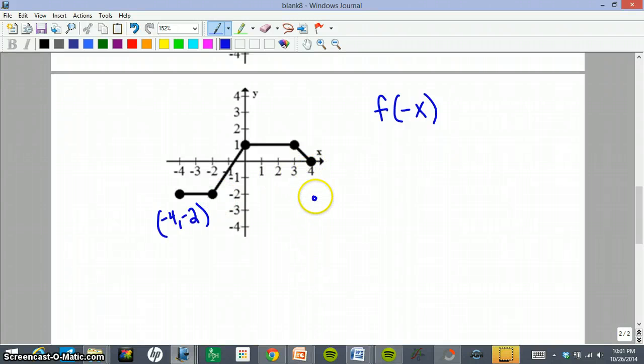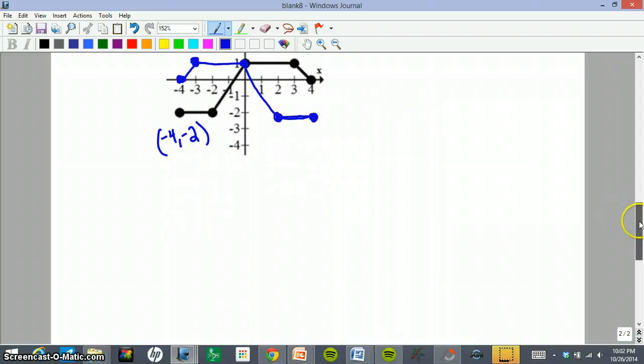So this becomes 4, -2. -2, -2 becomes +2, -2. 0, 1, opposite of 0 stays 0. 3, 1 becomes -3, 1. And then we end at -4, 0. So connect those as smoothly as possible. There we go. Good enough. Hopefully you get the point. And now you can see that that did correlate with a y-axis reflection.